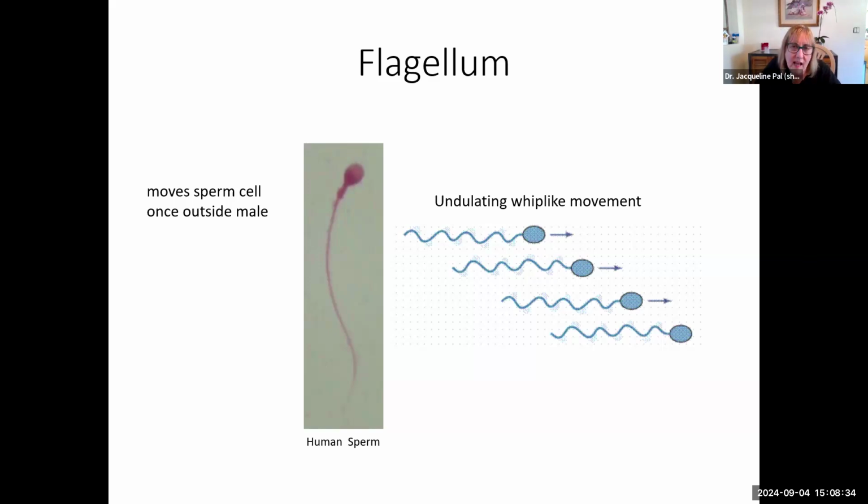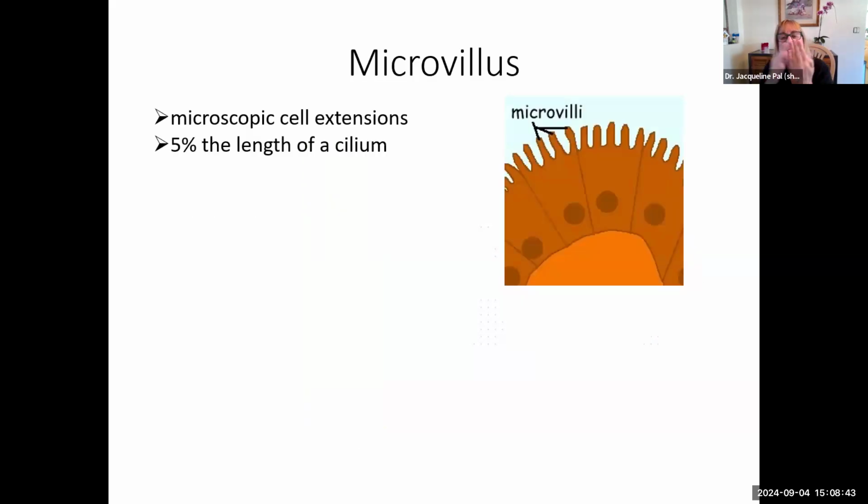Now there's one last structure I want to talk about that does not have any cytoskeleton in it, but it also is a modification of the surface in that instead of having a flat surface, they are microscopic cellular extensions like the finger. So instead of the cell being flat and square like that, you would have finger-like extensions.